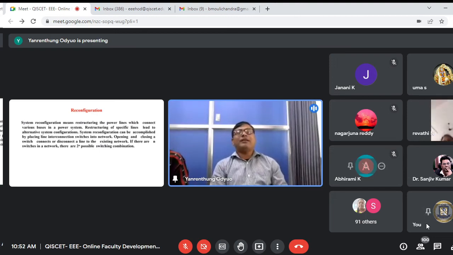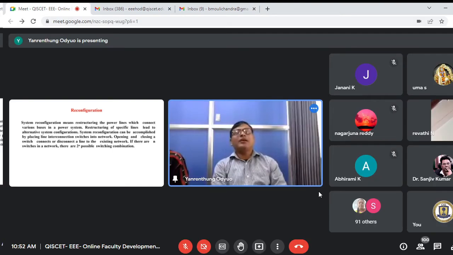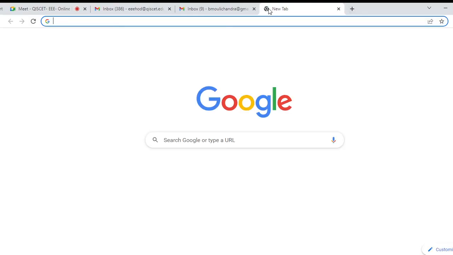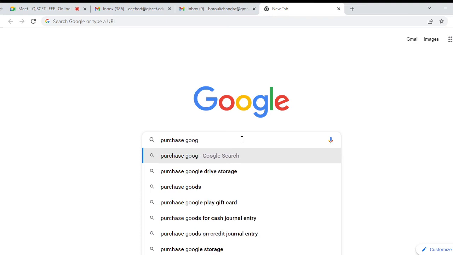Now you see, in a particular network, if we have say n number of buses, then we can have 2 to the power n minus 1 options. Means we can get 2 to the power n minus 1 number of topologies.